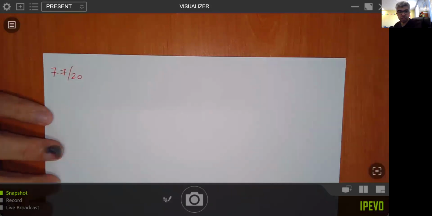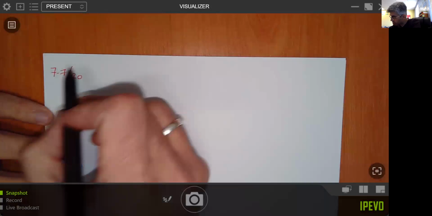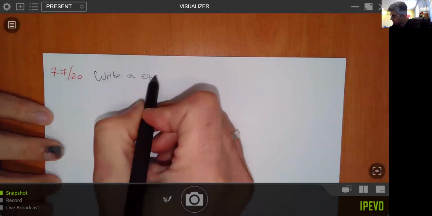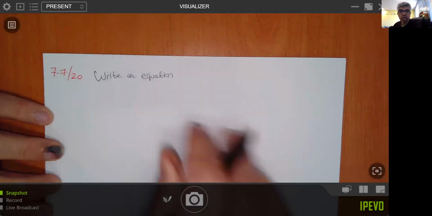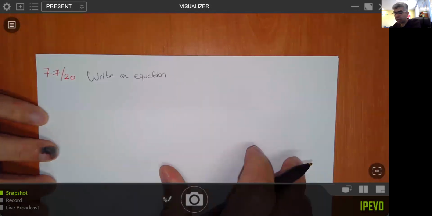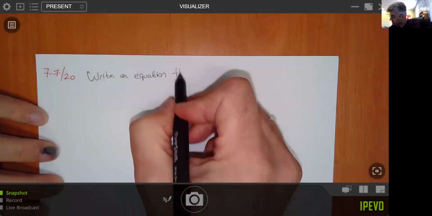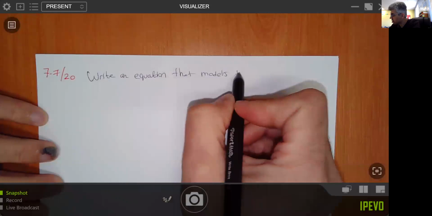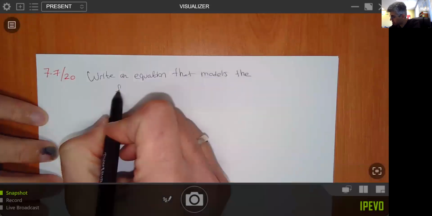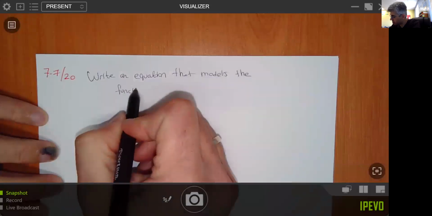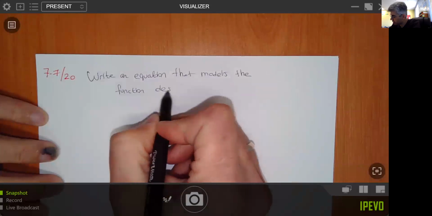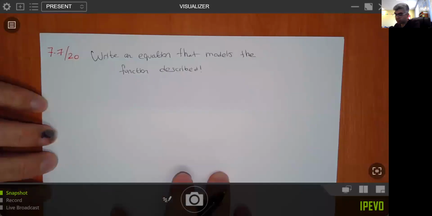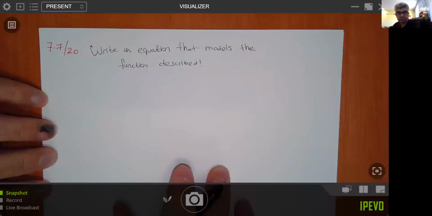And the question is, write an equation that models the function described. Okay, so there is number 20.